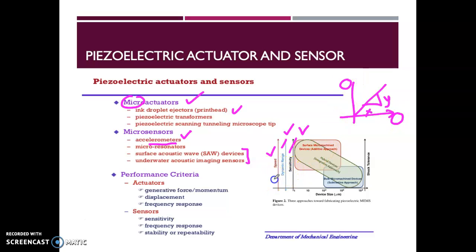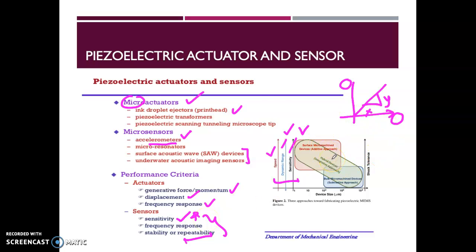So these are three parameters that we are going to look into when we design the micro actuator and the micro sensor. When talking about the actuator, the performance is the displacement and the frequency response, and same with the sensor, the sensitivity is the most important, and the repeatability and the frequency response.